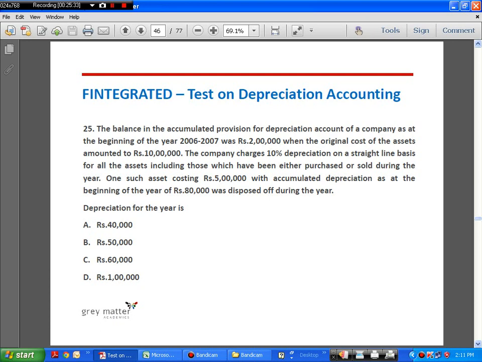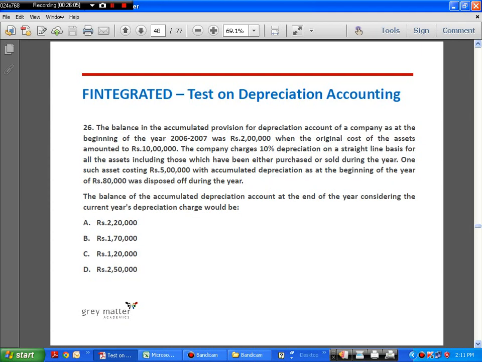Since there is another clause which says that whether an asset is purchased or sold, it is charged with full year depreciation, the date of disposal doesn't matter to us. It would still have to be depreciated at 10% for one full year, which means we can directly apply 10% on 10 lakhs, and 1 lakh will be the depreciation charge for the year.